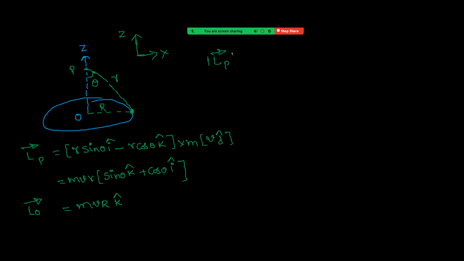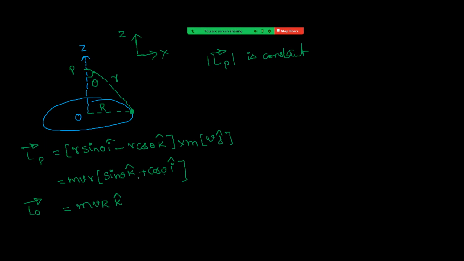That means I can say the modulus of L bar P is a constant. We can say that directly by seeing that expression. The modulus is m v R, a constant, so the modulus value is not changing.